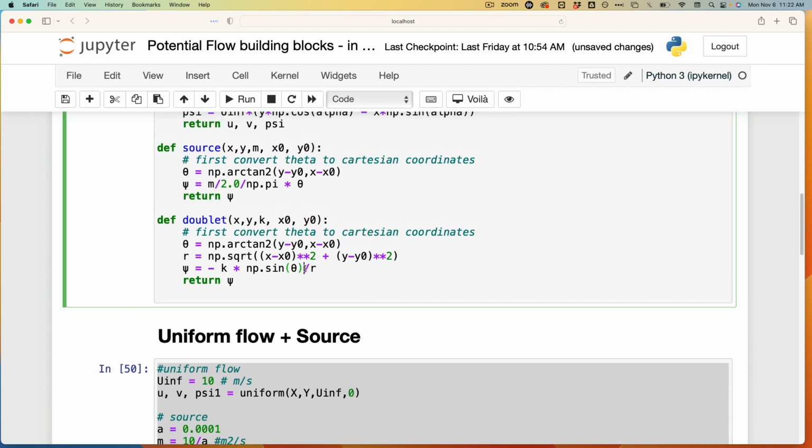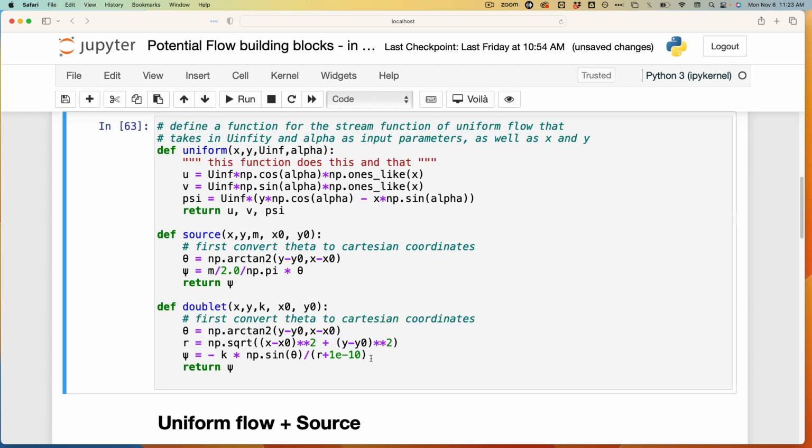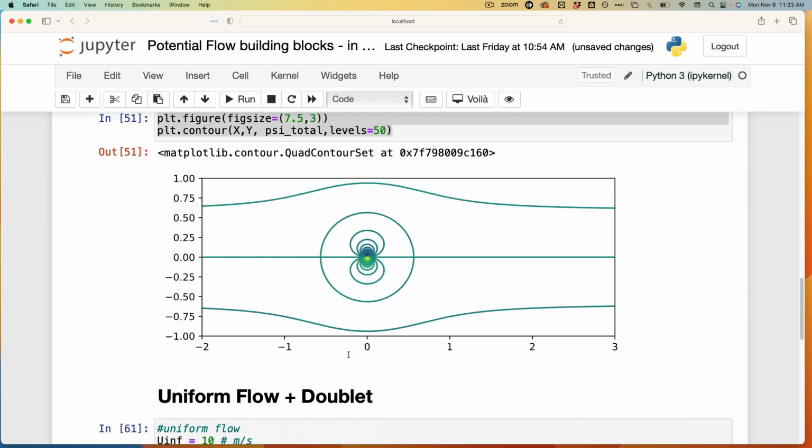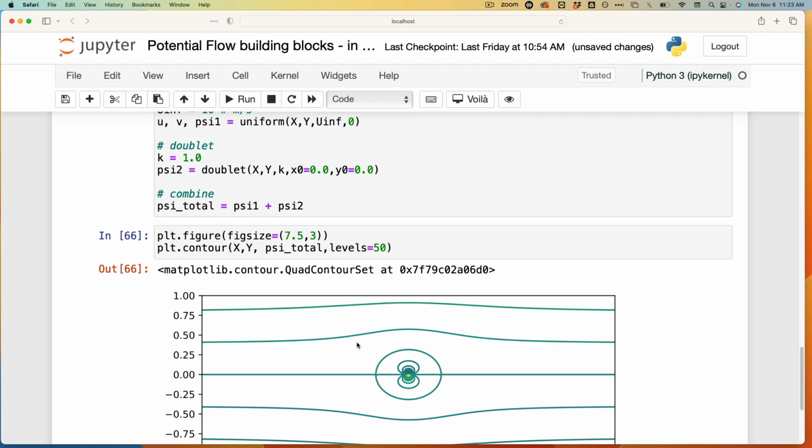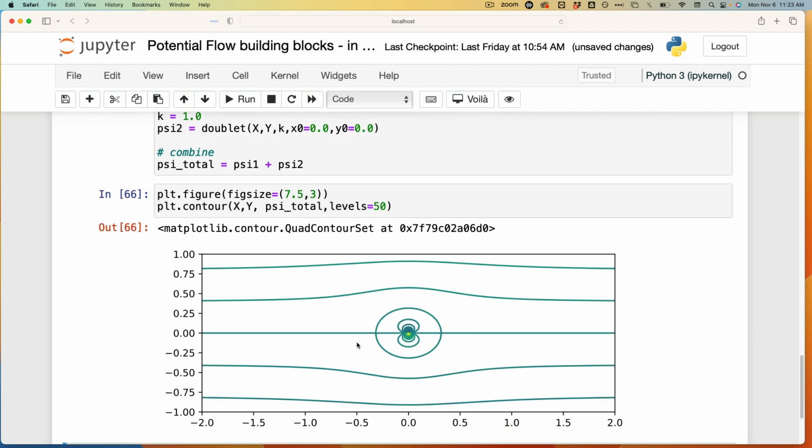If you're not happy with it, just divide by r plus like 1e to the minus 10. You can also disable warnings, but I like warnings because sometimes I might commit a grave error. Okay, now you don't see that warning and you're good. You're not allowed to be put on any Mars rover.